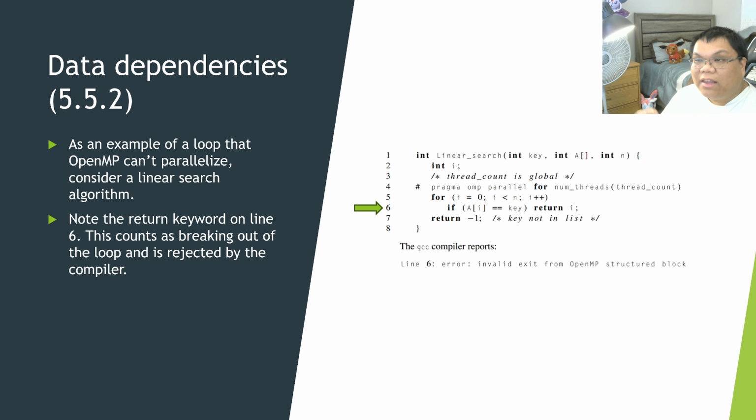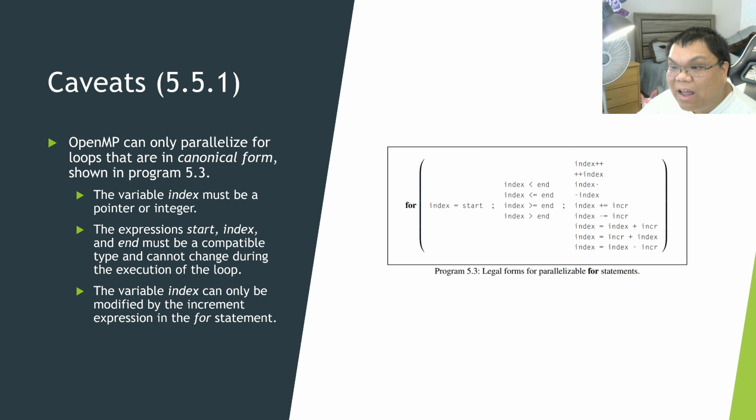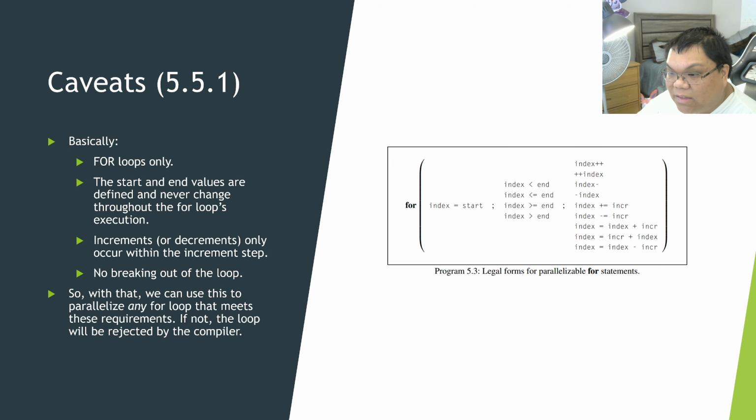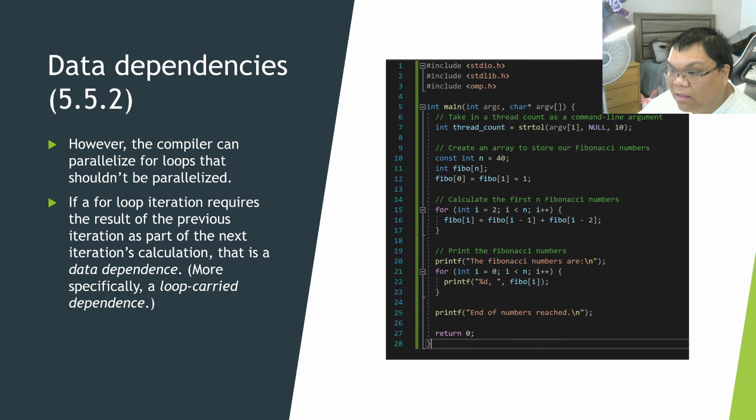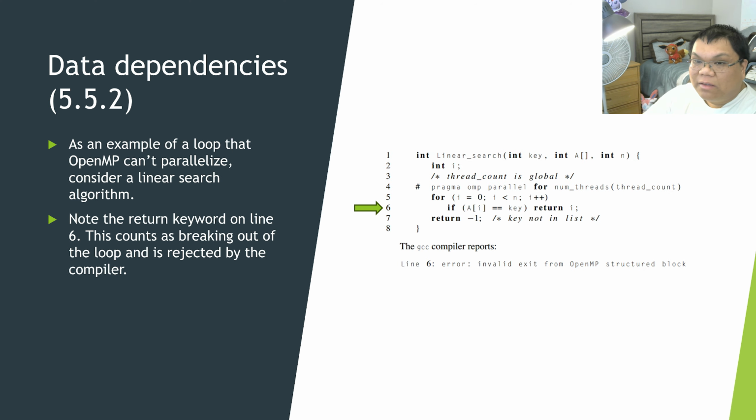It's going to return the index corresponding to some value in that array. So it's going to search, and if it finds it, it's going to break out of the loop, and that's the problem. It broke out of the loop. I just said OpenMP cannot parallelize loops that have a break statement. So this cannot be parallelized. If you try to do it, it will throw an error.